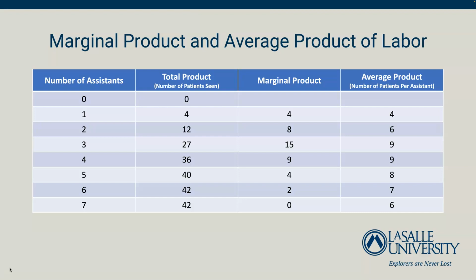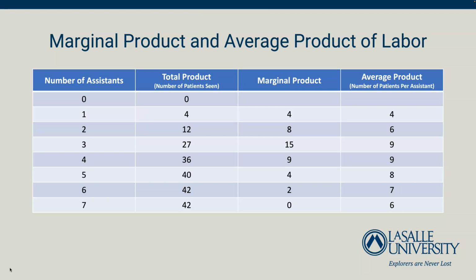As an example, let's consider a clinic that is seeking to hire a number of assistants. We'll have the number of assistants on the left going from 0 to 7. And then we'll have the total product, or the number of patients seen in total by the clinic, depending on the number of assistants that have been hired.